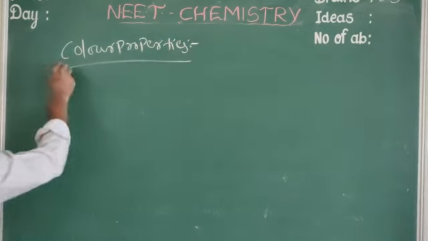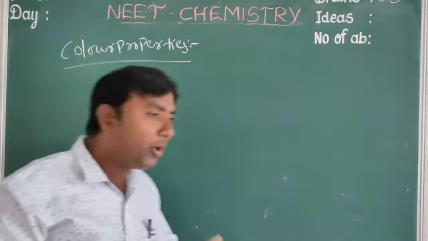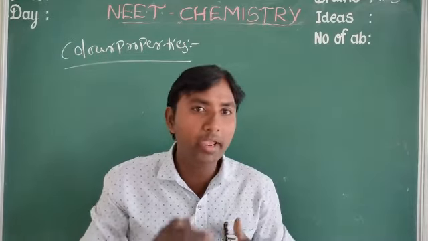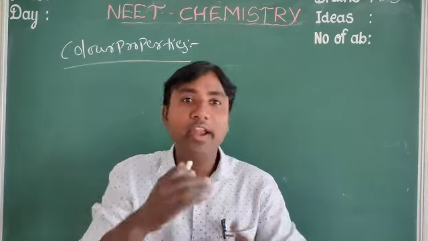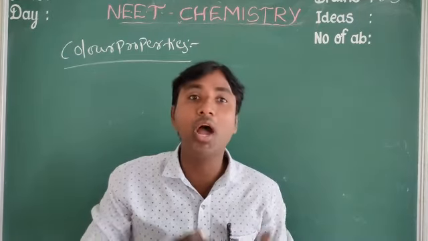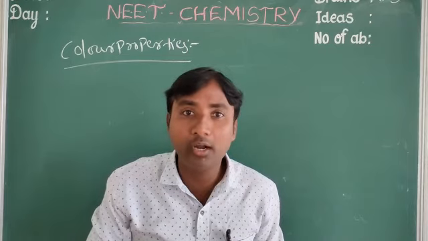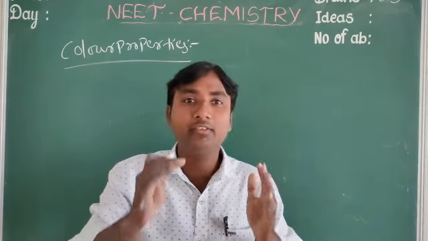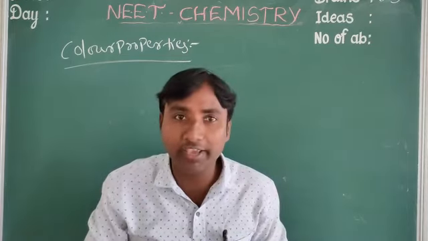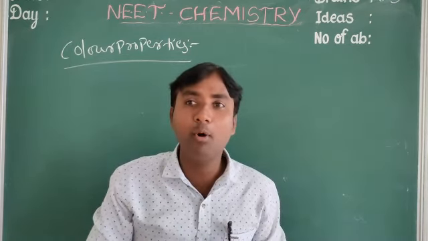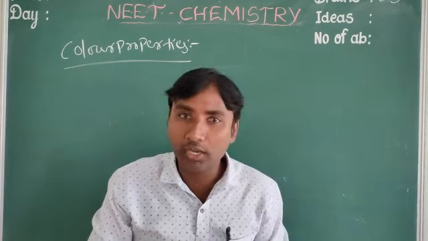Now color properties. D block elements exhibit different colors due to the presence of unpaired electrons. Due to unpaired electrons, d-d transitions take place. That's why d block elements exhibit different colors.